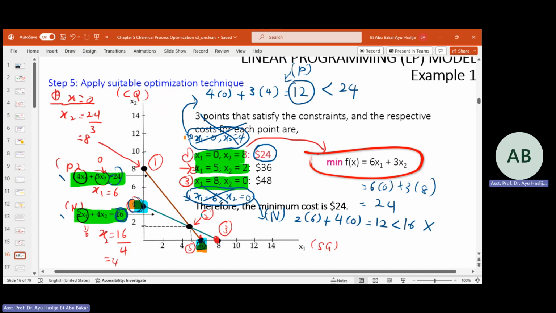According to your objective, please follow this outline. You have to compare like this, because your objective function is to find the minimum.